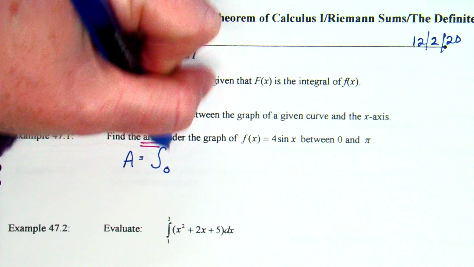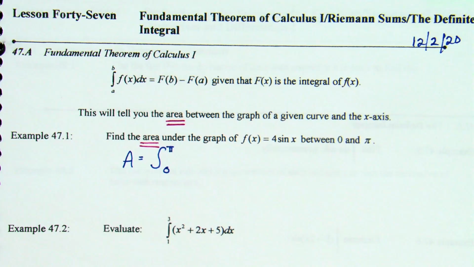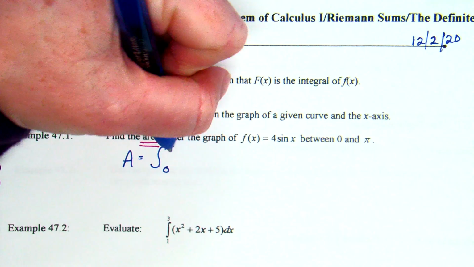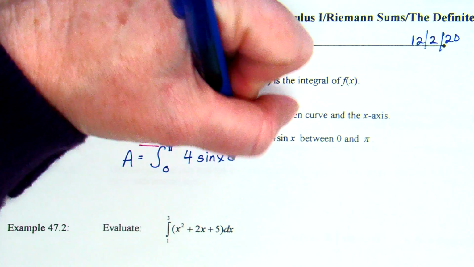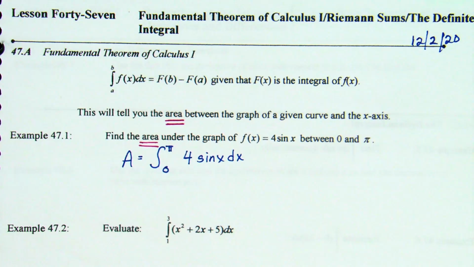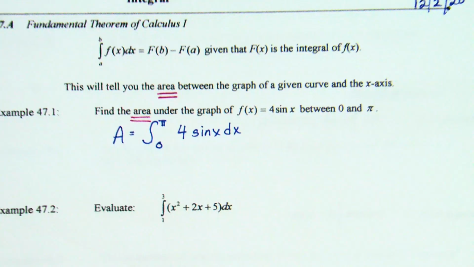Your upper boundary goes up top. Occasionally they're switched and there's rules for that. We'll get to that later. This is find the area from 0 to pi of 4 sine x. And then because it's an integral, we always have to tack on the dx. So that's the problem we're trying to solve here.